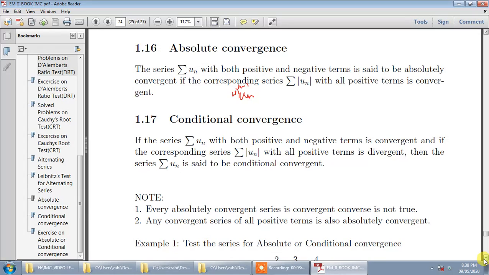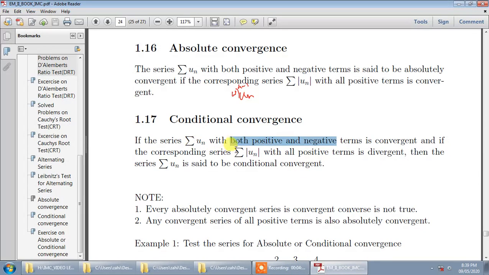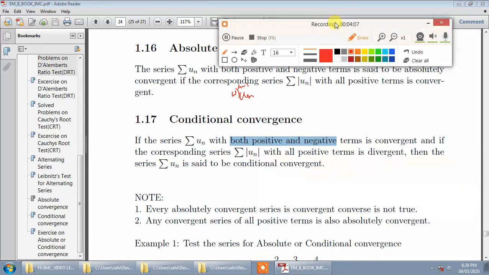Note that this mod un is making all negative terms positive. Now see what I mean by a series with both positive and negative terms. I can give an example like this.